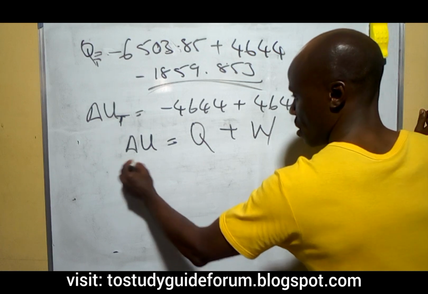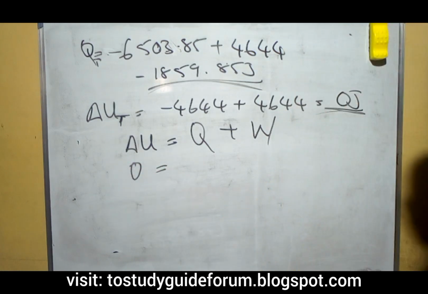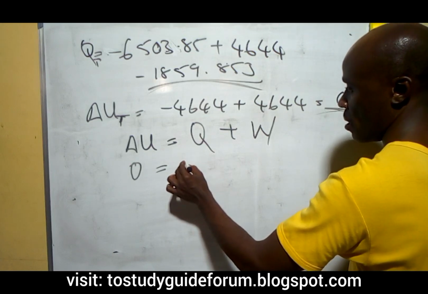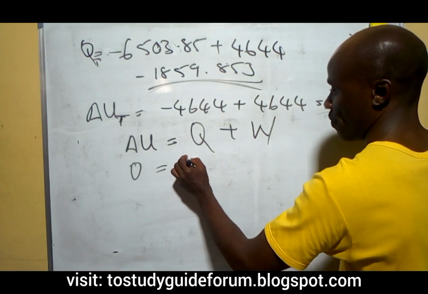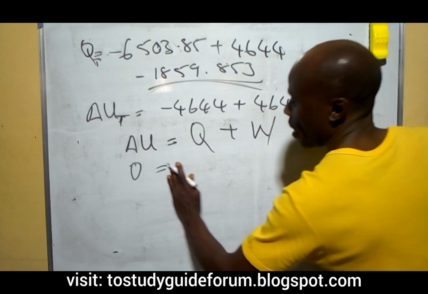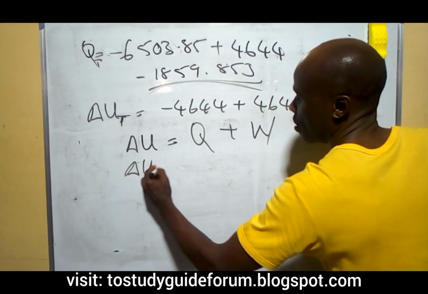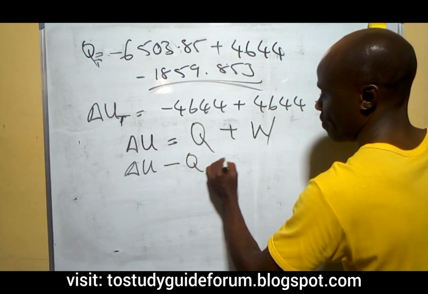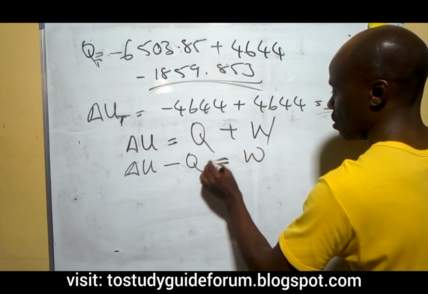Internal energy is 0, and then we have our quantity of heat, or perhaps just move it to the other end, we have it to be equal to this.